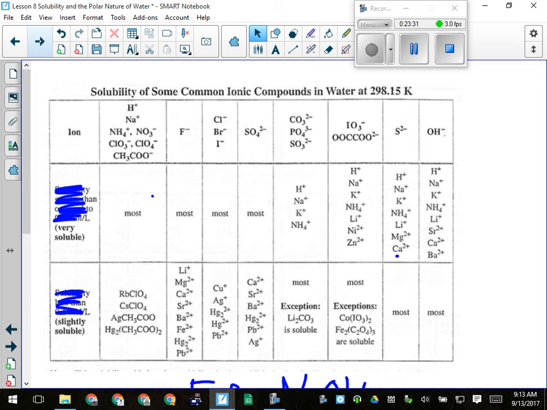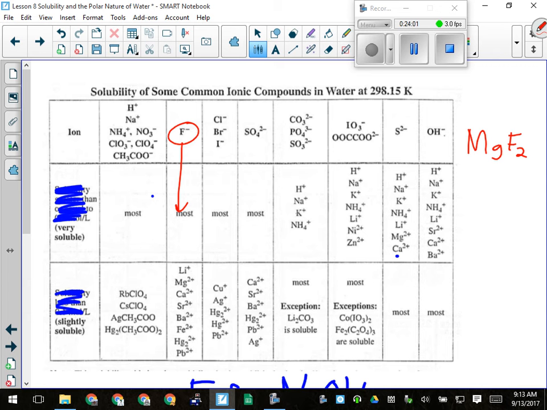Let's say I was told I had this particular compound, magnesium fluoride, and I was asked to find out whether it is soluble or not soluble in water. I look up fluorine on the top here. Fluorine is soluble with most things. That's not very helpful, because I'm trying to find out whether this is soluble or not.